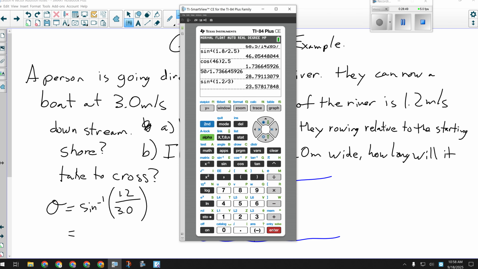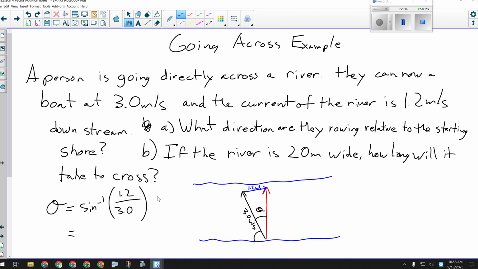That angle inside my triangle is 23 degrees. The angle they want is 90 minus that. Actually, it's 23.5, so we'll say 24. So they're looking for the other angle, which would be 66 degrees from the starting shore. That would be the answer that I would give there.